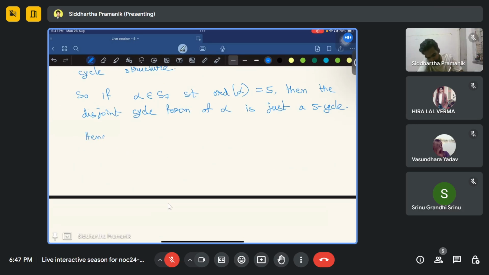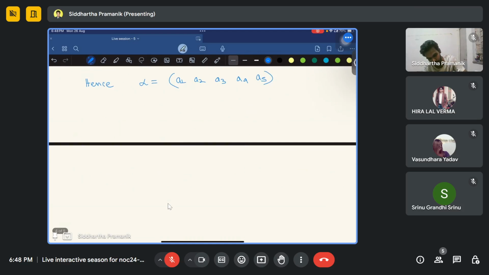So alpha has the form of a 5 cycle, (a1 a2 a3 a4 a5). So we need to determine how many 5 cycles there are.